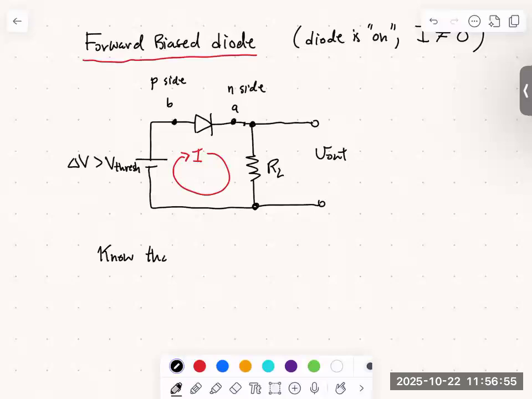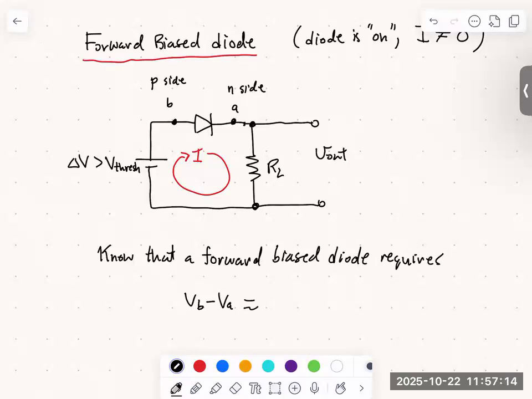So we know that a forward biased diode requires VB minus VA to be equal to V threshold.